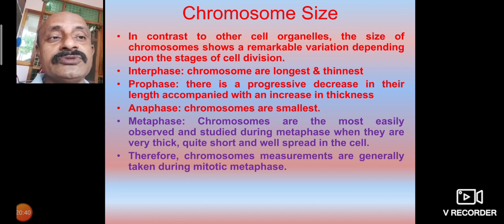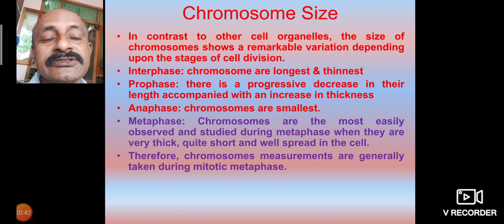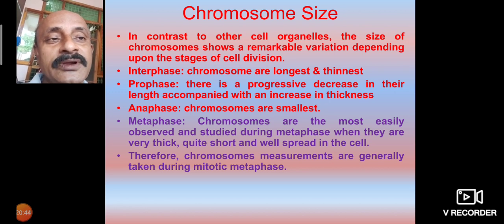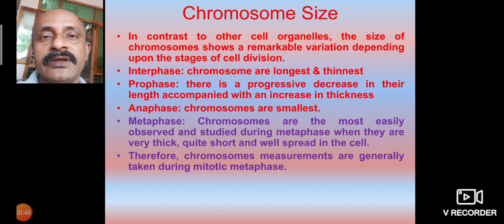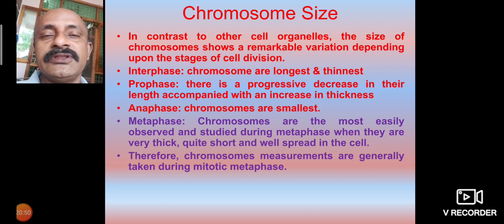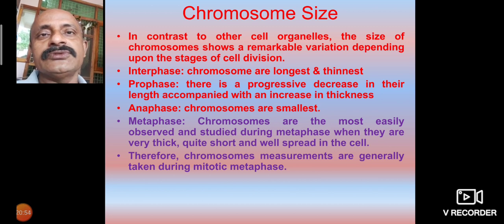Metaphase chromosomes are the most easily observed and studied because they are very thick, easily observed under the microscope. Other stages are thin, so it is not possible to identify size or structure.